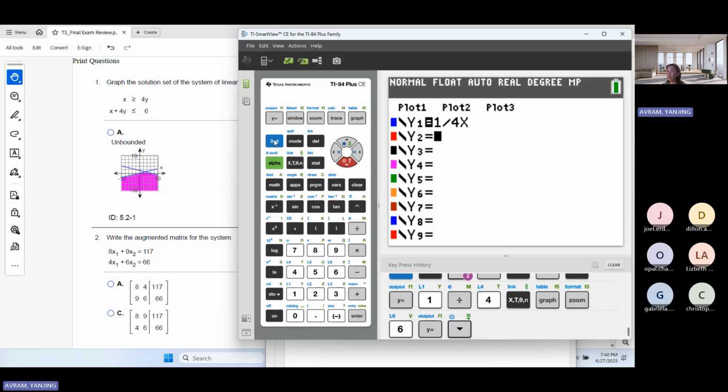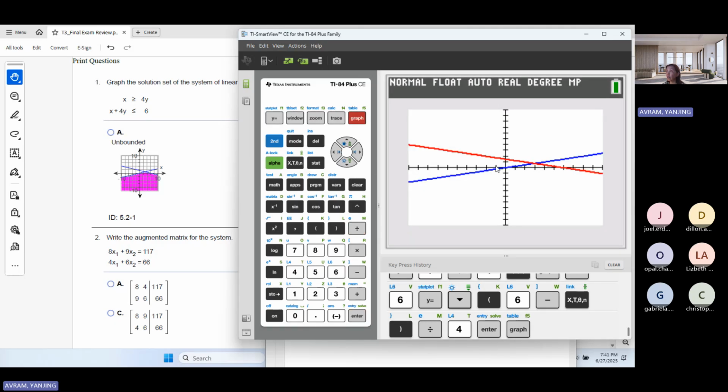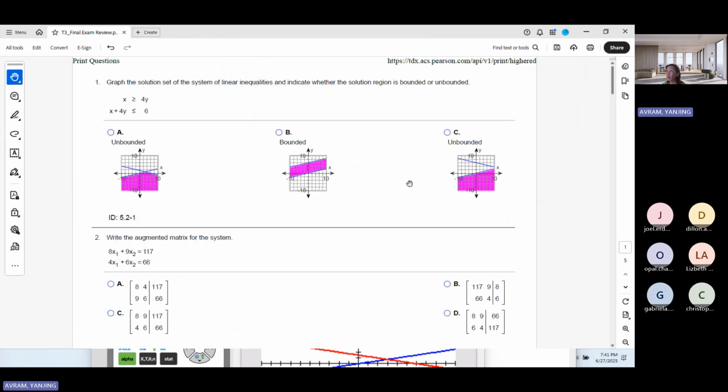Similarly, for the second one right here, if I want to graph it, I have to solve for y. So y will be 6 minus x, and then I have to divide by the coefficient of y, which is 4. So that's my y2. That's how the graph will look, the y1 and y2. Just by looking at the graph, I don't even need to test which side is correct.